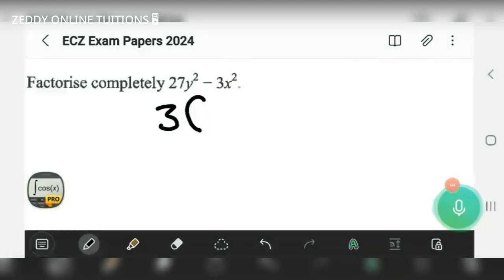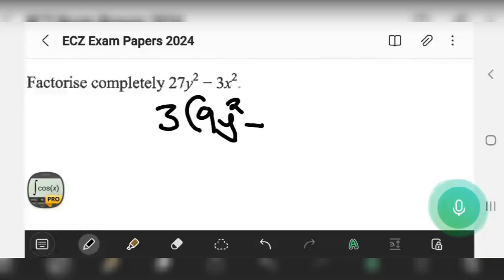It goes there 9y squared. Minus what? 3 into negative 3x squared goes there negative x squared. Is it making sense? Such that if you expand this, you multiply throughout, you still go back to that.